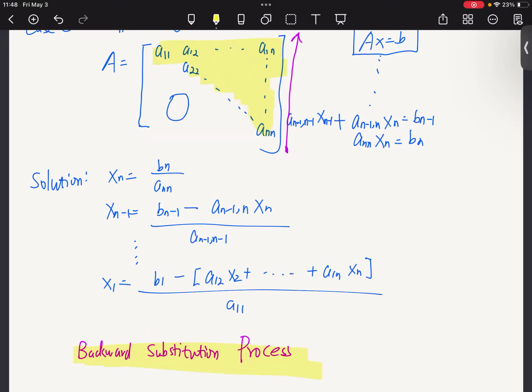For the second step, we need to do one subtraction and one multiplication, so that is two operations, and then another division, and that is three operations. So we want to calculate how many operations we need to get all the solutions, and later on you can compare the computational cost among all the methods to see which one is more efficient.